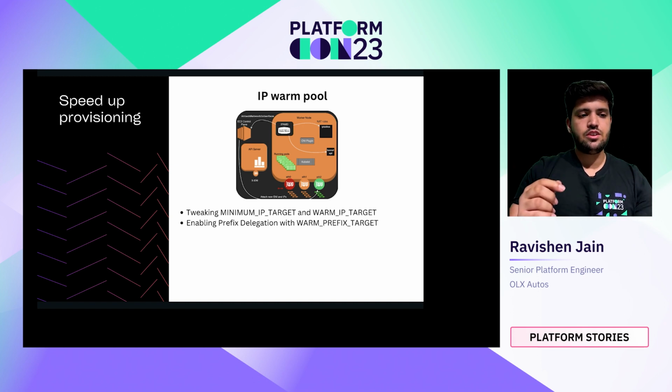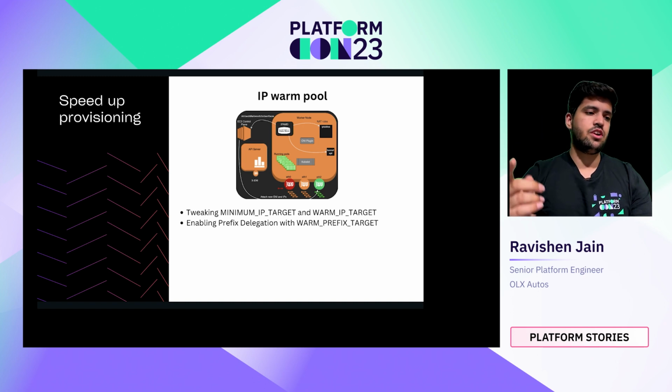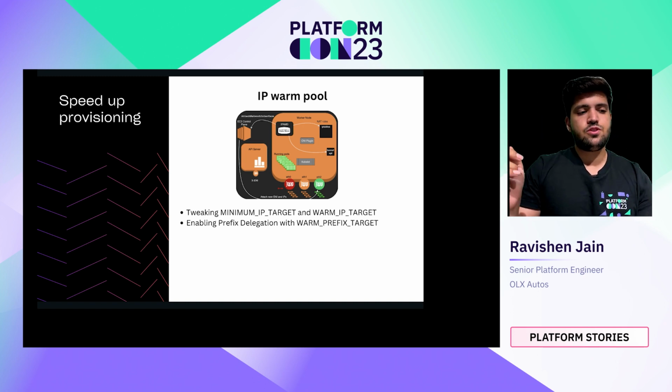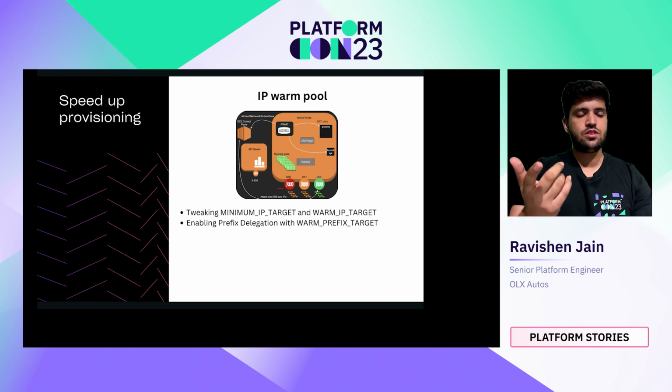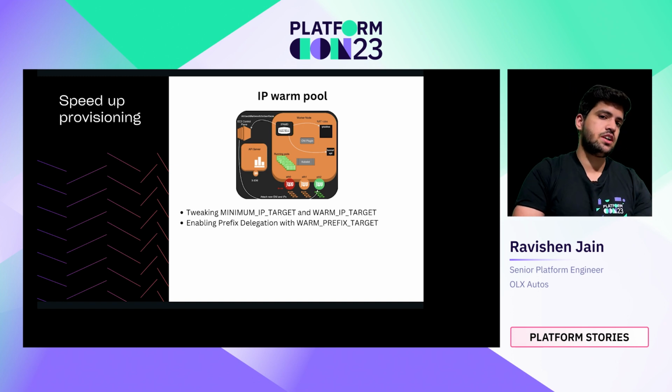So till the 16th pod, you don't have to invoke any of your EC2 APIs. On the 17th pod, you'll have to invoke a call which would extend your prefix by 16 more addresses. So either way, you could use any of them. We tweaked it using minimum IP target.